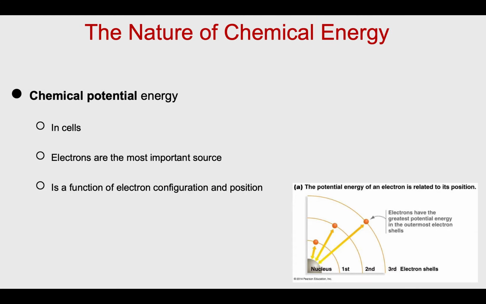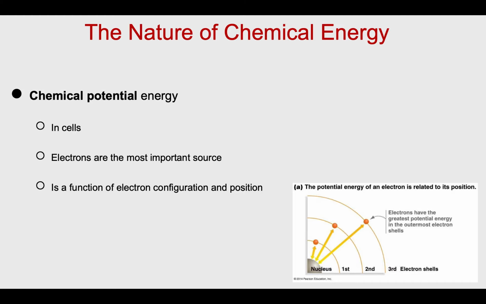All right, so this is chemical potential energy. This is what's most common in cells. And this is where electrons are the most important source. Electrons are important due to their configuration and their position. If we think back to the first lecture we had, we talked about electron shells, right? And that the electrons in the outermost electron shell are valence electrons, and they are able to interact with other atoms to form bonds.